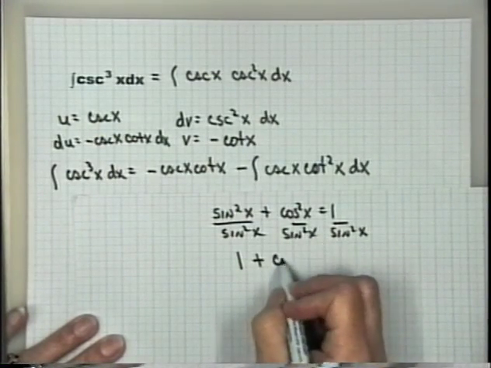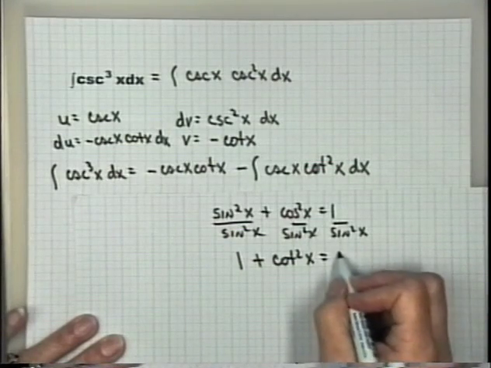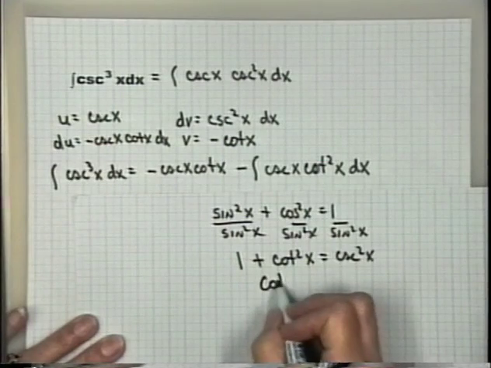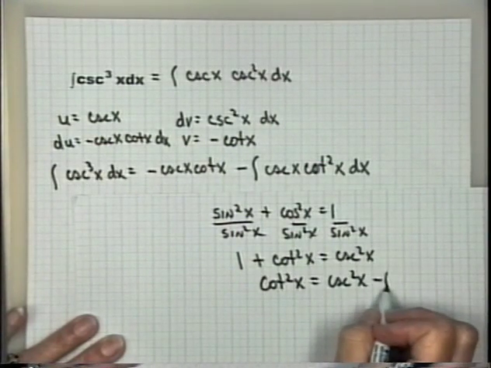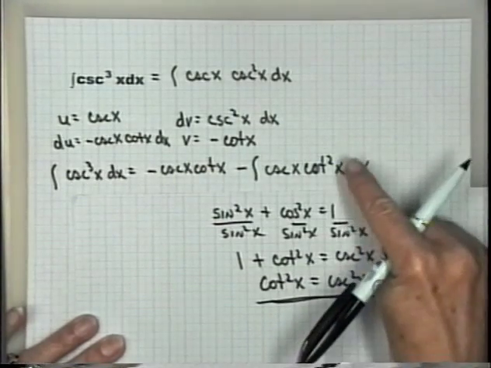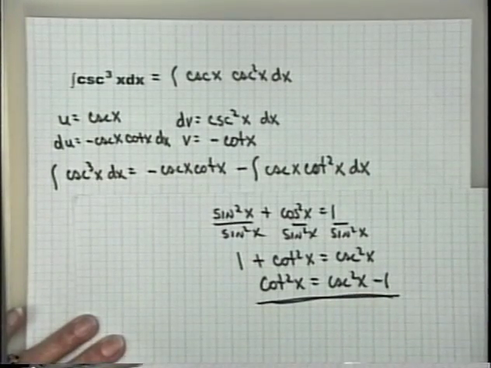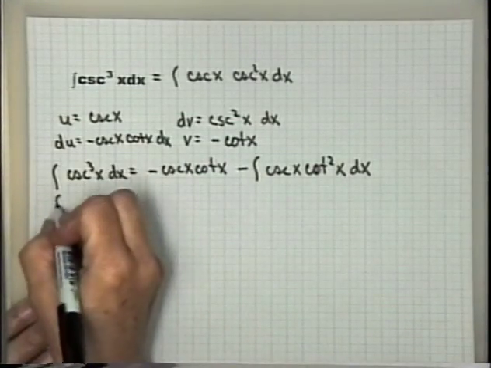Cosine squared over sine squared is cotangent squared, and 1 over sine squared is cosecant squared. So cotangent squared x equals cosecant squared x minus 1. This is the identity that I want to use. I'm going to replace the cotangent squared right here with cosecant squared x minus 1. I think you'll see in a second why I'm wanting to do that.